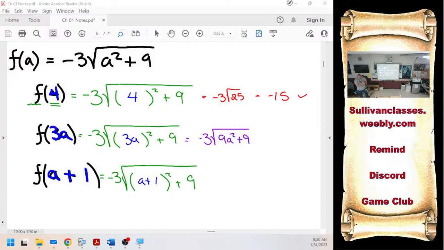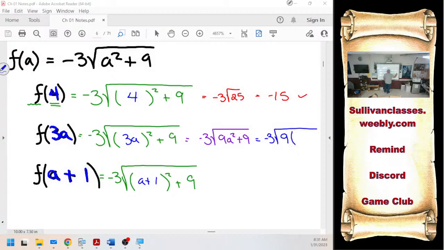You can't take a 9 out. You can't take an a out right now because they're not factors. That's a sum and those are addends. Could I change that expression so it's thing times thing? How? I can factor inside of it, calling that -3 root of.